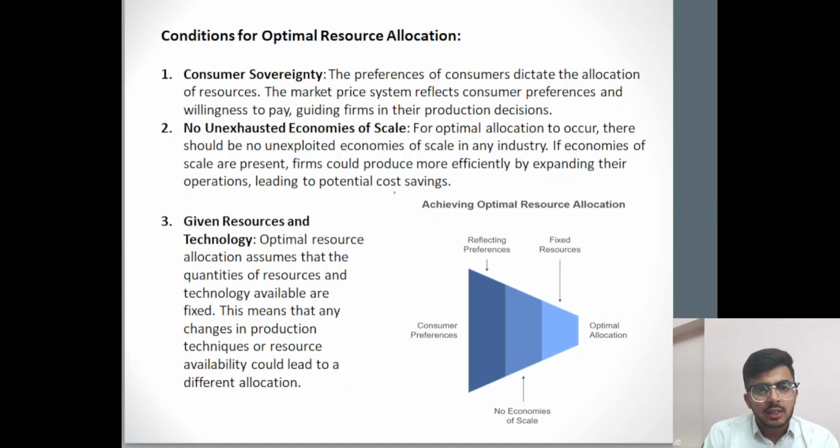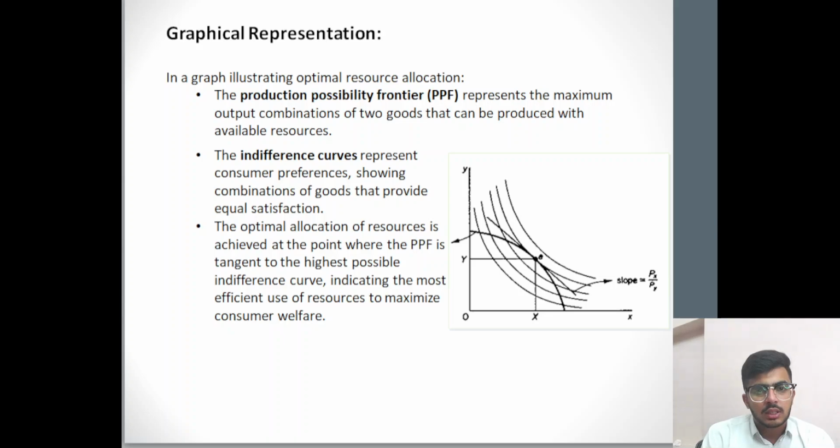Given resources and technology: the allocation assumes that the quantities of resources and technology available are fixed, meaning any change in production technique or resource availability could lead to a different allocation.